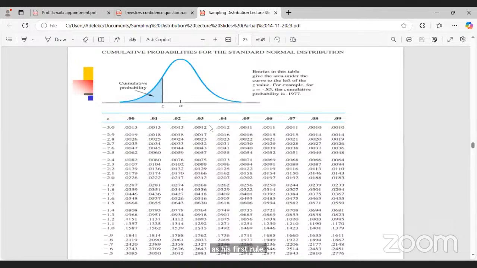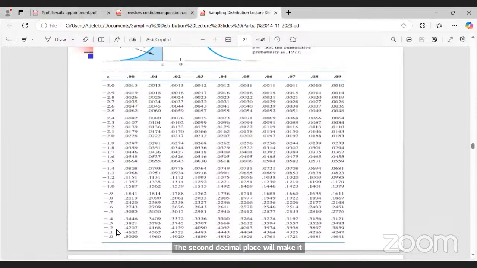So if you have your Z as minus 0.25, minus 0.25, that means you will trace your Z to 0. That is minus 0.2, and then the second decimal place will make it 5. So minus 0.25.